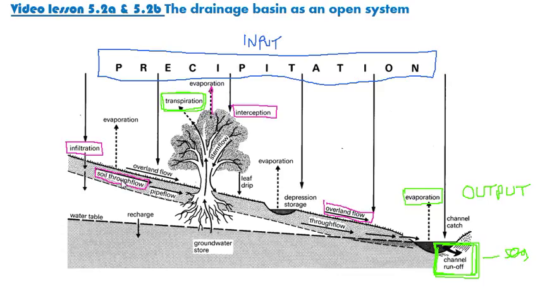Number 5, percolation. I think in this example it's called recharge, and there's another little extension of that arrow from infiltration which we're going to label percolation. And I am terrible at writing with this pen. I need to buy a proper pen, so I do apologise.